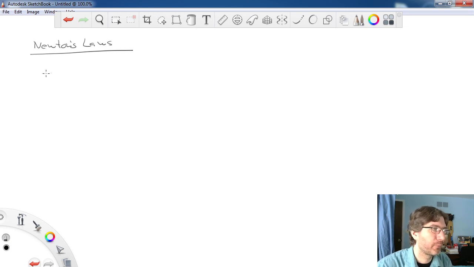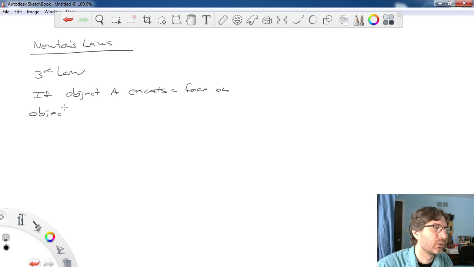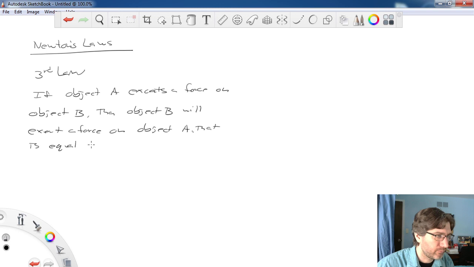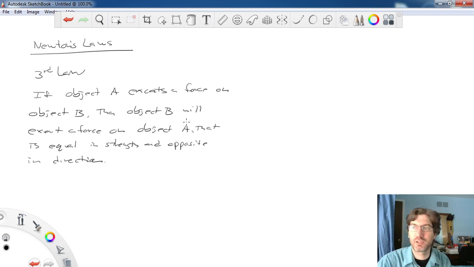I didn't take off if you wrote it the other way, but Newton's third law states that if object A exerts a force on object B, then object B will exert a force on object A that is equal in strength and opposite in direction.